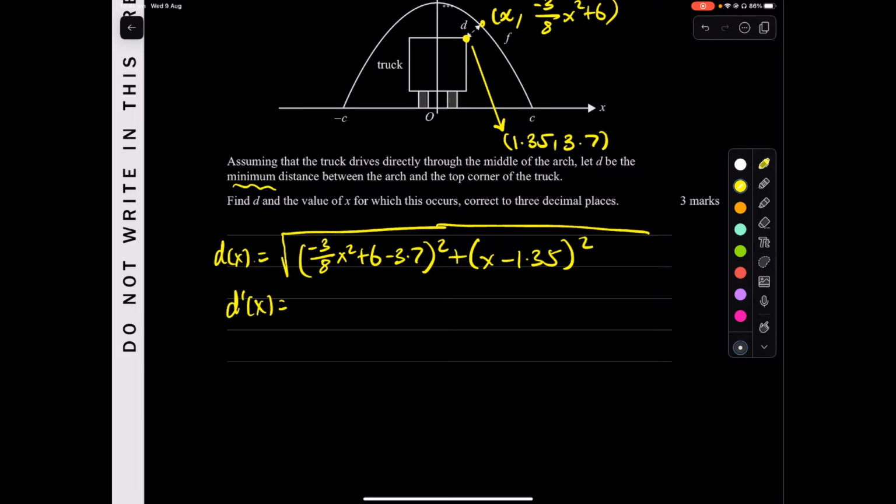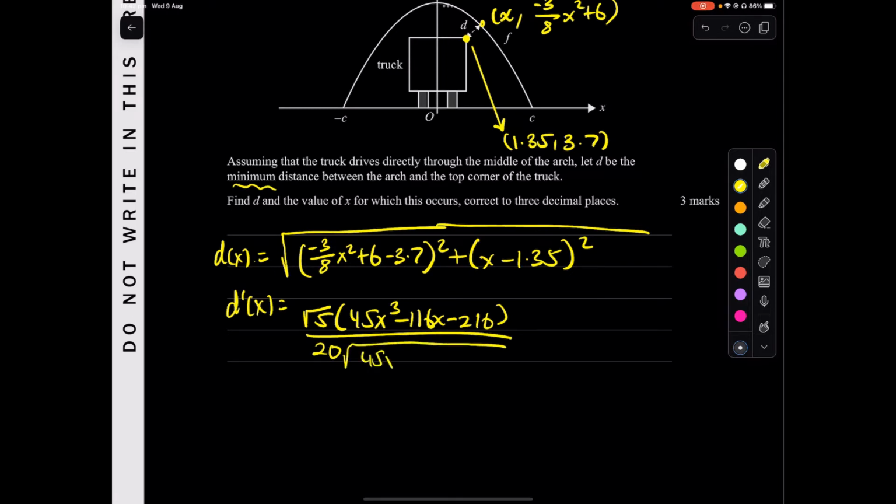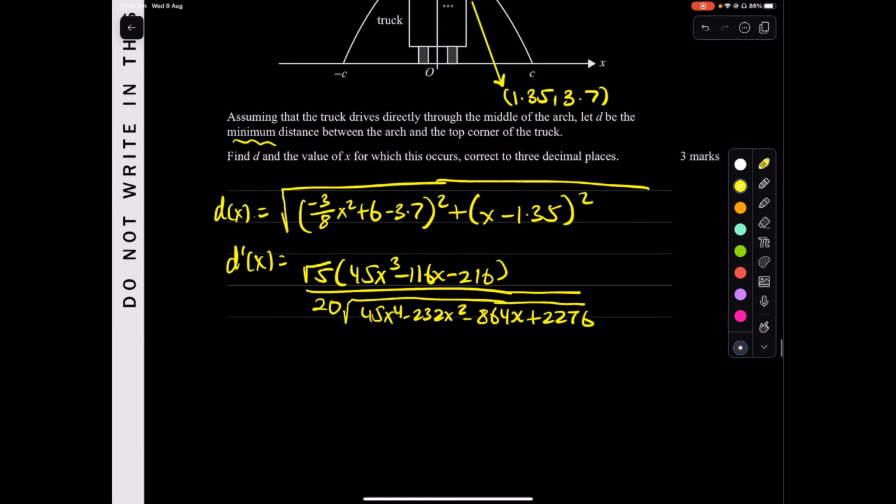So let's write that: root 5 (45x cubed minus 116x minus 216) all over 20 square root (45x to the power 4 minus 232x squared minus 864x plus 2276). And we want d dash x equals 0. So x must be some value.